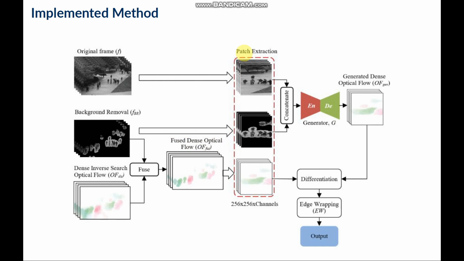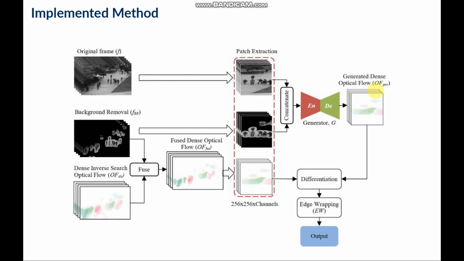The patches of the original frame and the background removal frame will be concatenated and fed into the generator, and the generator will generate the generated dense optical flow. So now we have the fused and the generated dense optical flow.